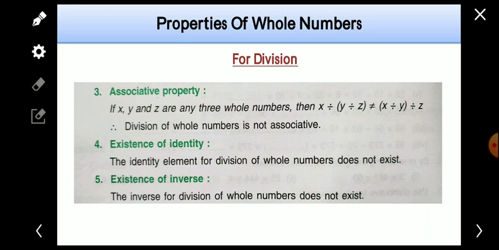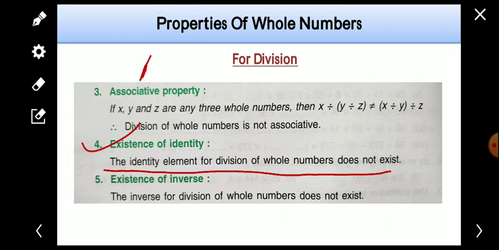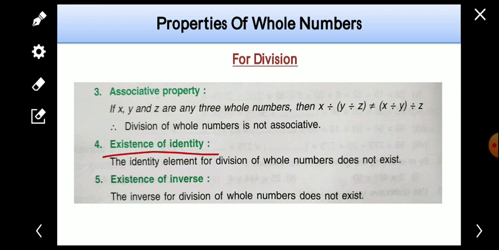Now we will talk about the existence of identity. The identity element for division of whole numbers does not exist. What is the meaning of existence of identity? Suppose I am taking any whole number x, and I divide it by a particular number, or divide that number by x. Suppose I take 8 divided by x, or x divided by 8.